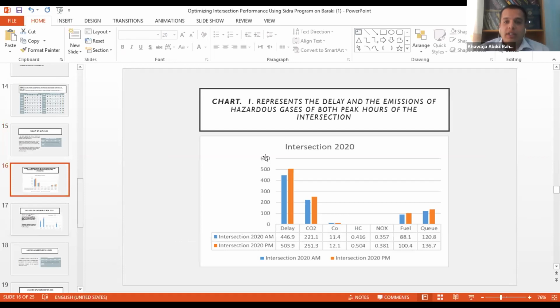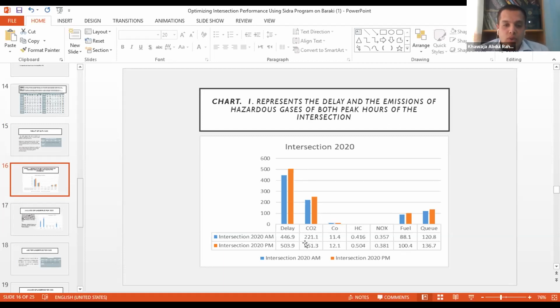This chart presents the delay and emission of hazardous gases of both peak hours of the intersection for AM and PM. As we can see in the table, 446.9 seconds delay can be seen in the AM, and about 503.9 seconds delay can be created in the evening because of low level of service and the lack of advanced equipment.